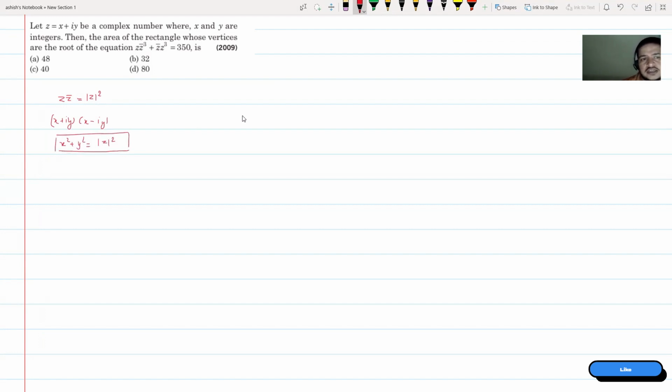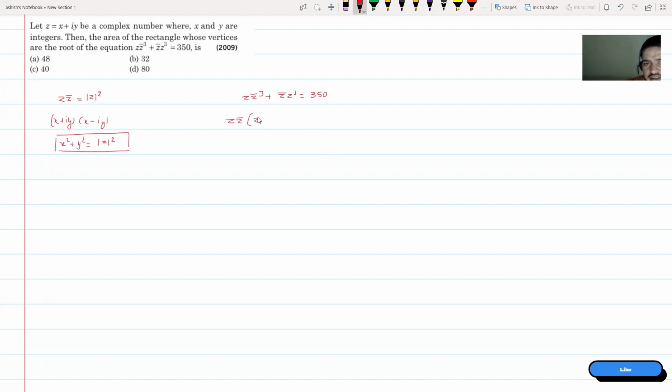Now, the equation is given as z bar whole cube plus z bar z whole cube, that is equal to 350. What we will do is take z bar outside.